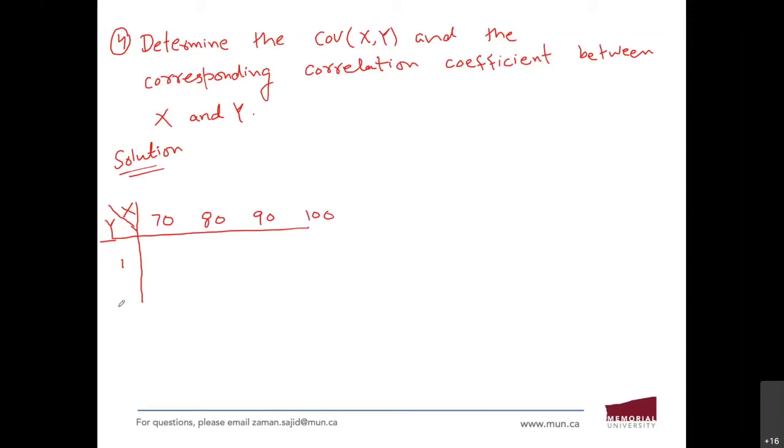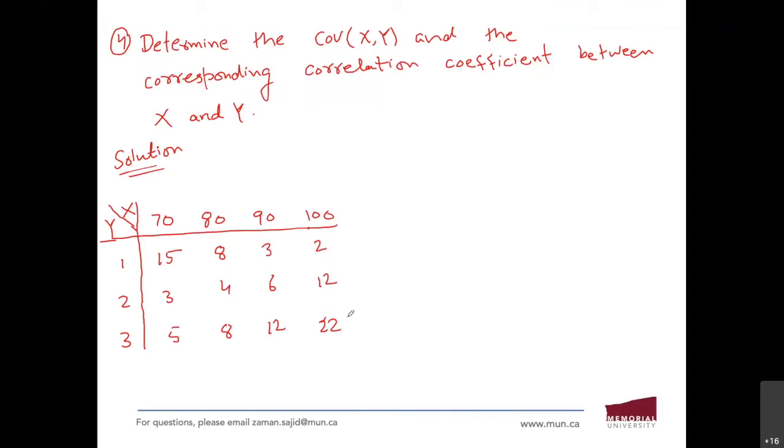This is the same table as was given in the question statement. The values are 8, 4, 8, then 6 and 12, and for 100 we have 2, 12, and 22. So this is the joint probability table.